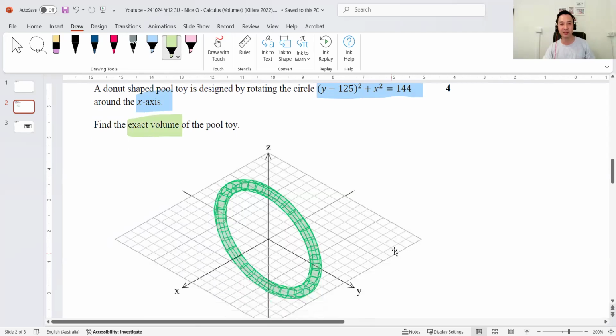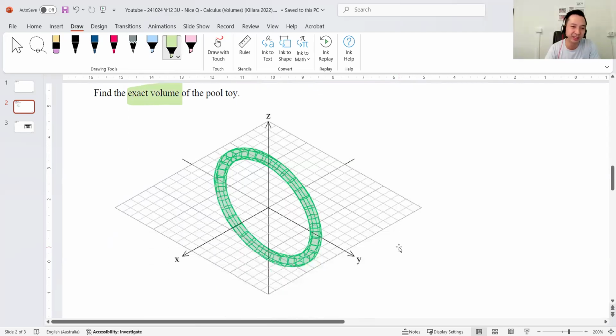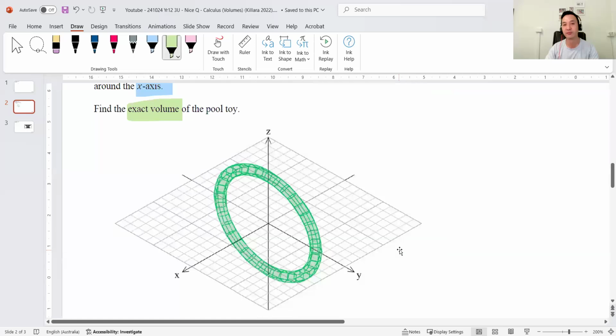Now, the diagram that it gives you, I don't know how you guys feel about it, but I looked at it and I was like, yeah, okay, I get it. I don't really know if you can see it, but essentially, when they say a pool toy, we're rotating. The best way for you to visualize it is 2-dimensionally.